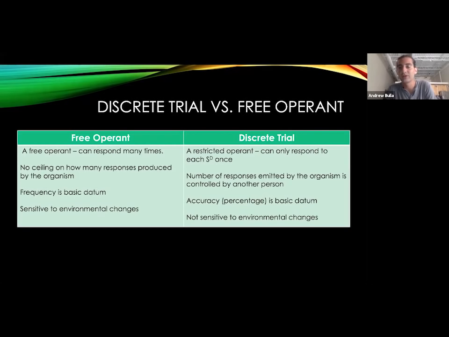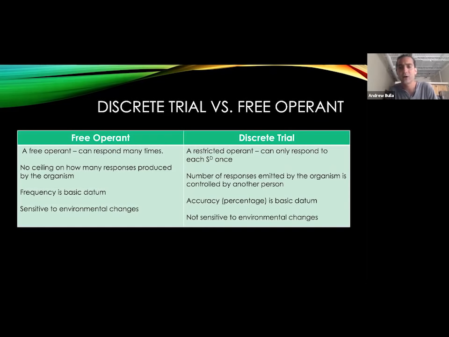The learner can only respond to each SD once or the instructional material once. It's restricted in the sense that the number of responses emitted by the learner is controlled by another person. So typically the teacher. So that's the teacher imposed restriction, right? I'm controlling the number of responses that you're able to emit.